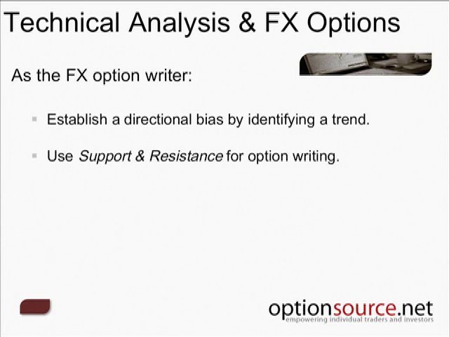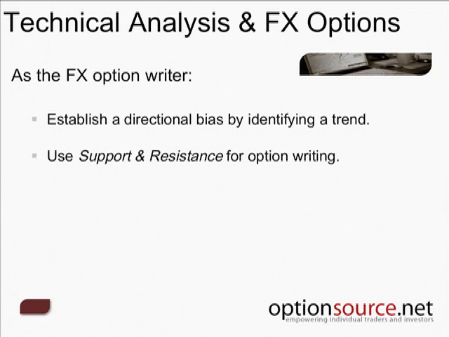Now, with that in mind, we can also look at key support and resistance levels, areas where we would consider actually writing the option contract. In other words, if we see a resistance level that has been in place for quite some time, then we may consider selling call options above that level, because the pair value has shown historically that it does not trade beyond that level, which means the call options are likely to expire worthless.